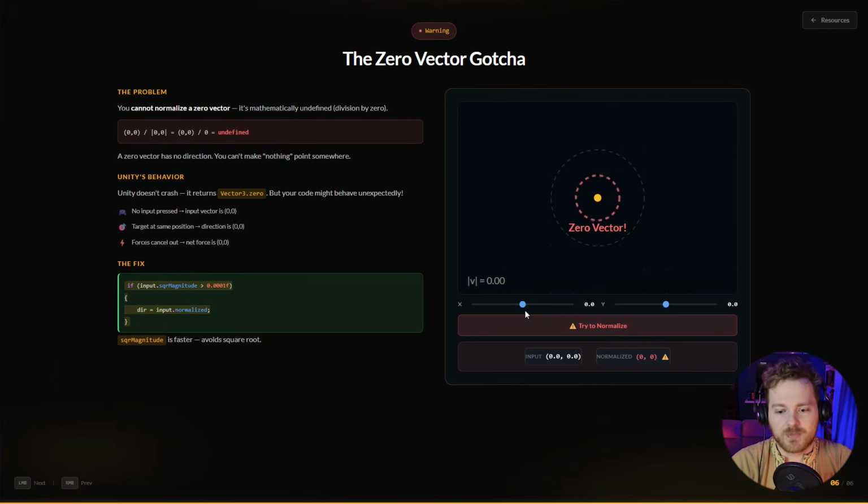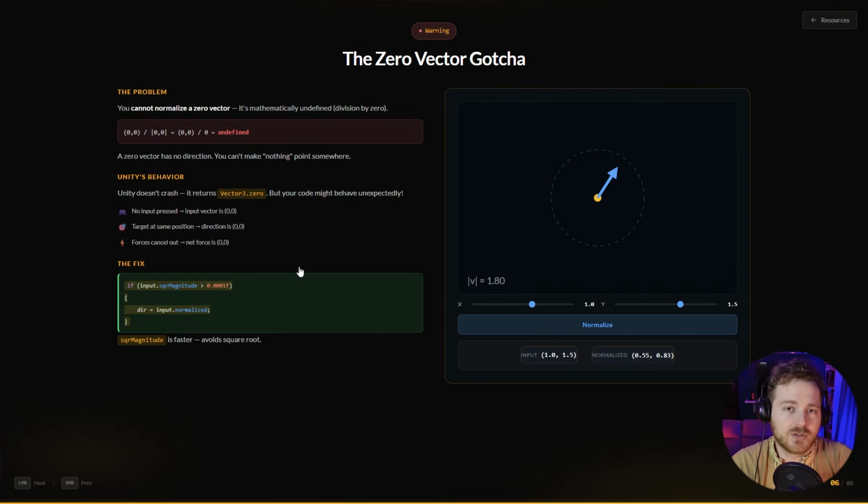In Unity, this problem doesn't exist because Unity will simply return the zero vector, which is a safe way of handling it. But this is not a normalized value of a zero vector. It's a safe value, which makes it work and prevents different types of exceptions and problems.